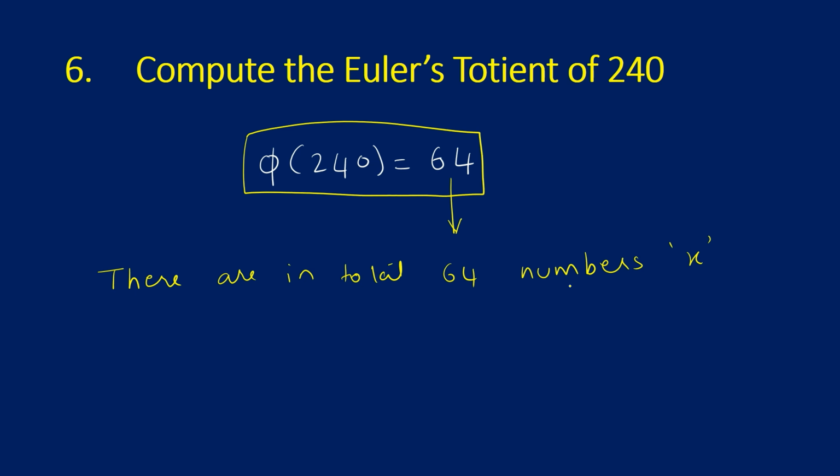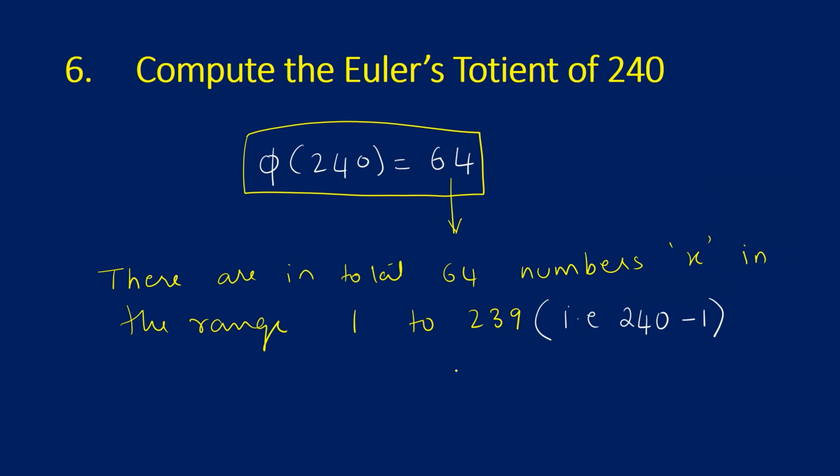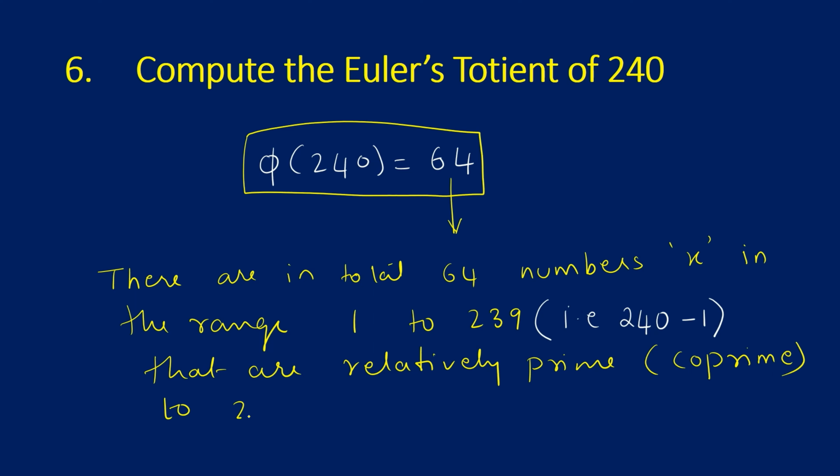So there are in all 64 numbers x in the range 1 to 239, because our number which we are testing is 240. So we have to test numbers in the range from 1 to 240 minus 1. So there are in total 64 numbers in the range 1 to 239 that are relatively prime, or which we also call co-prime, to the given number 240.